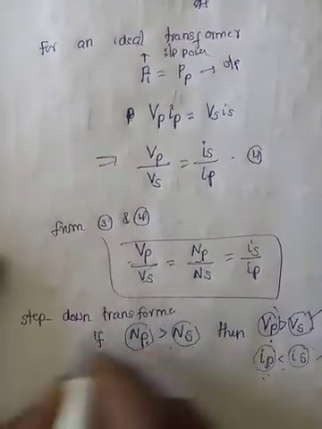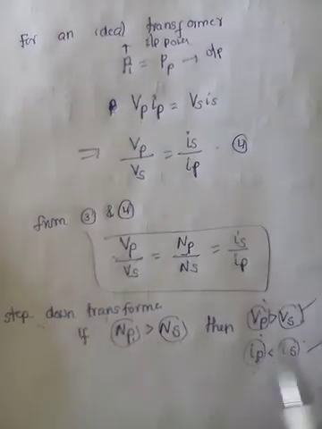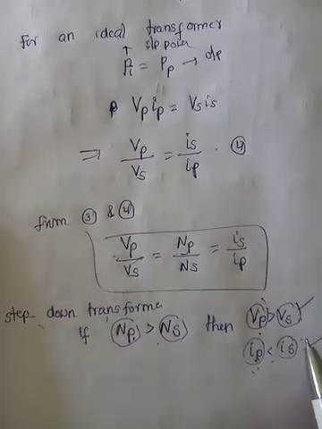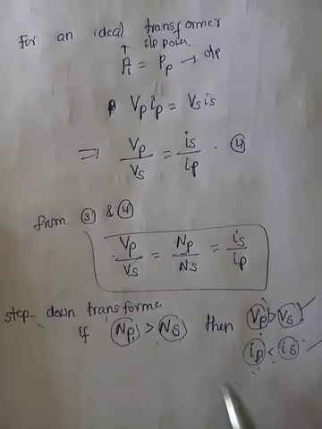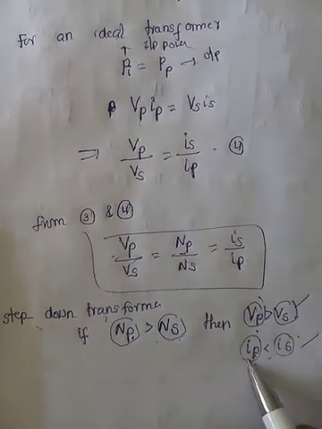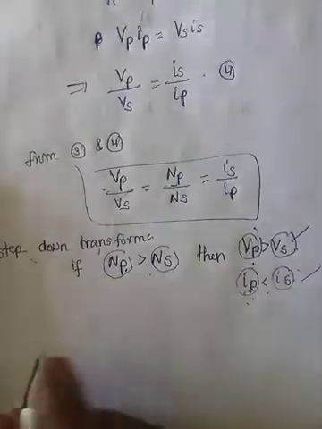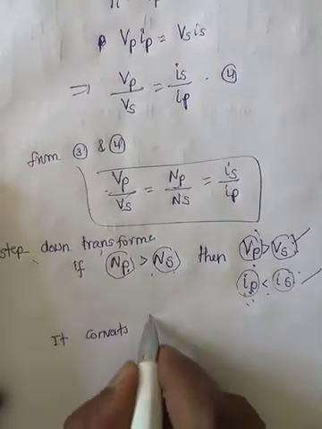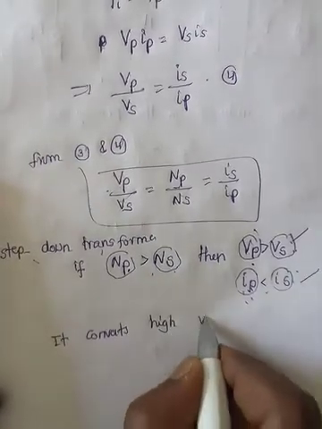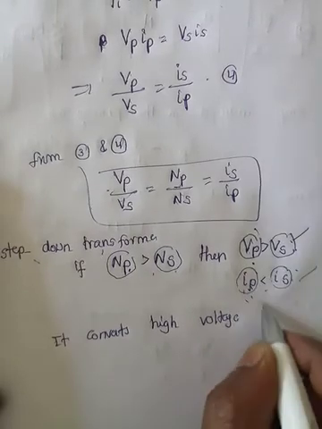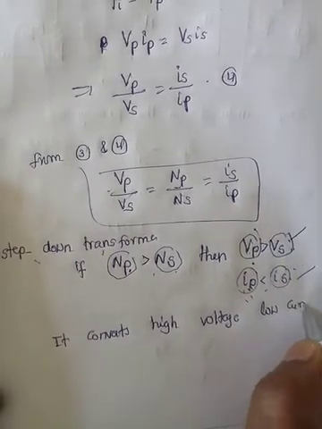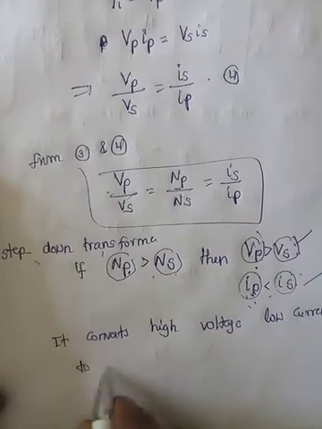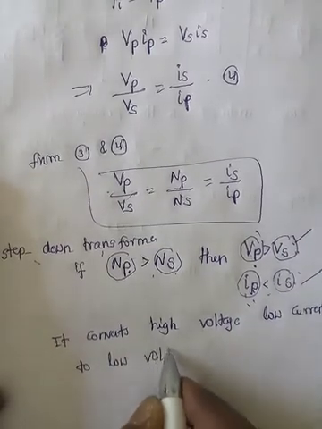What will it do? It converts high voltage, low current to low voltage, high current. Means what will it do, ma? It converts high voltage, low current to low voltage, high current.